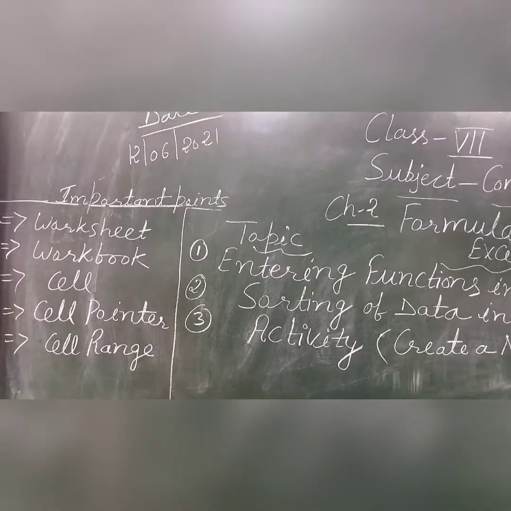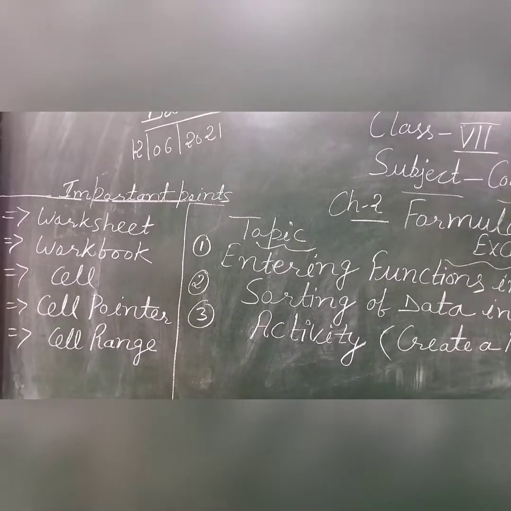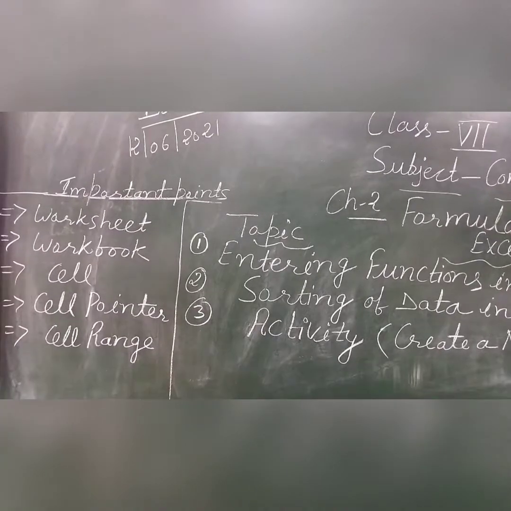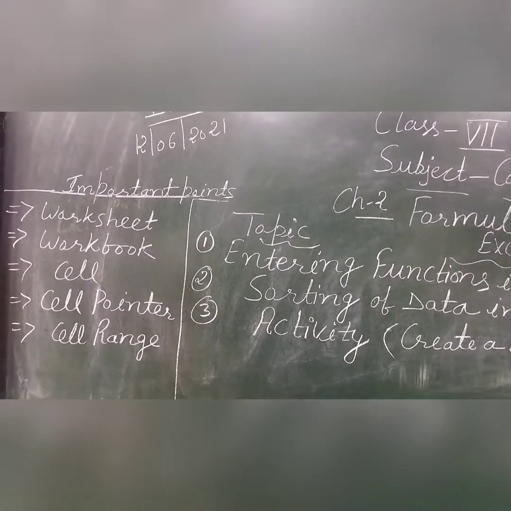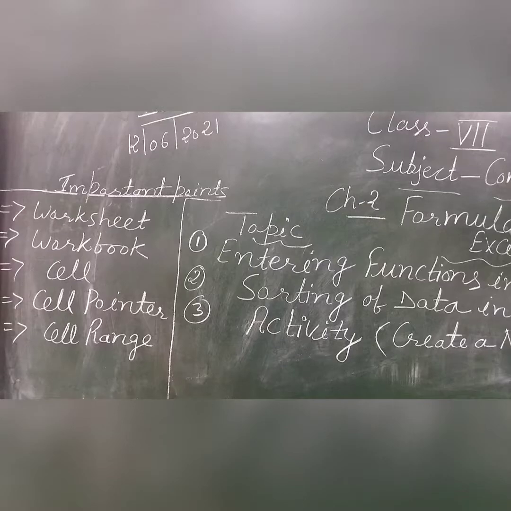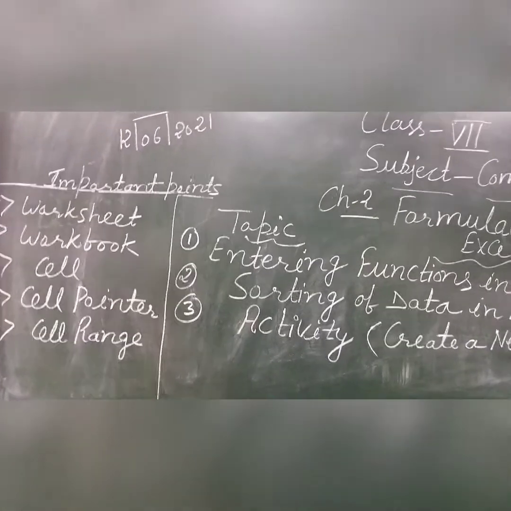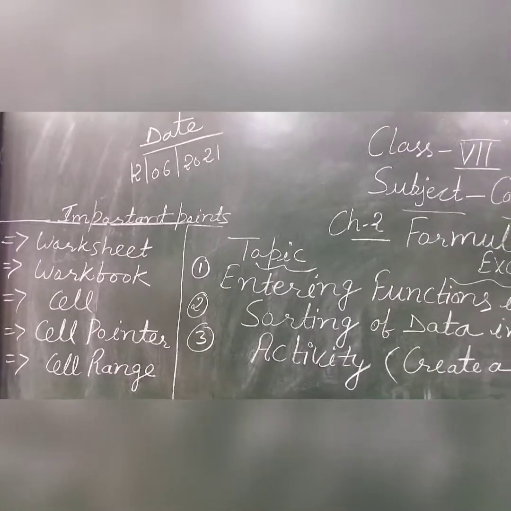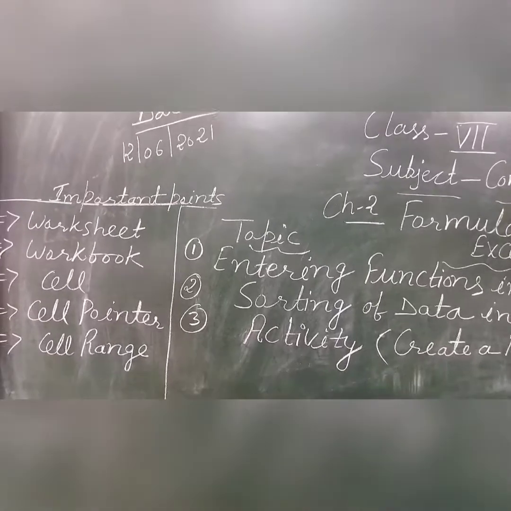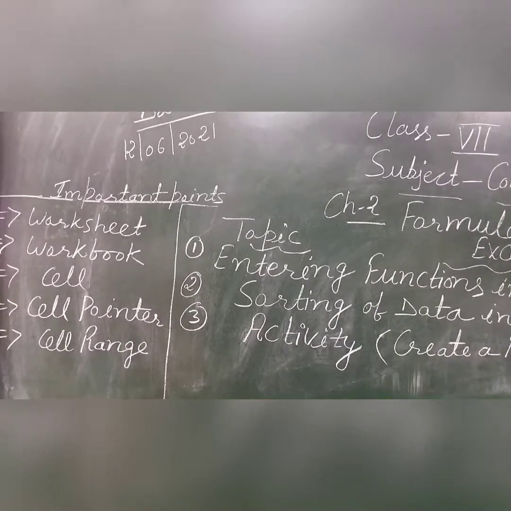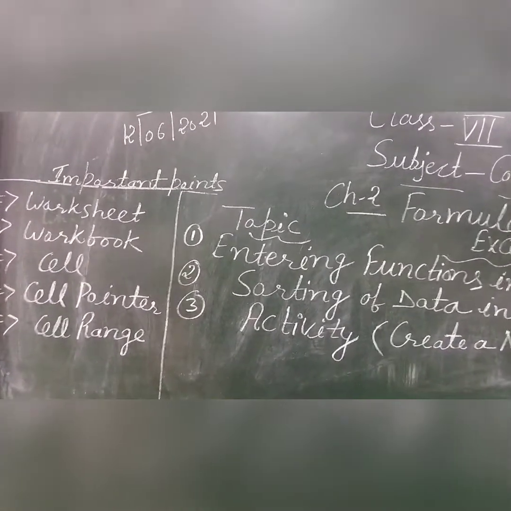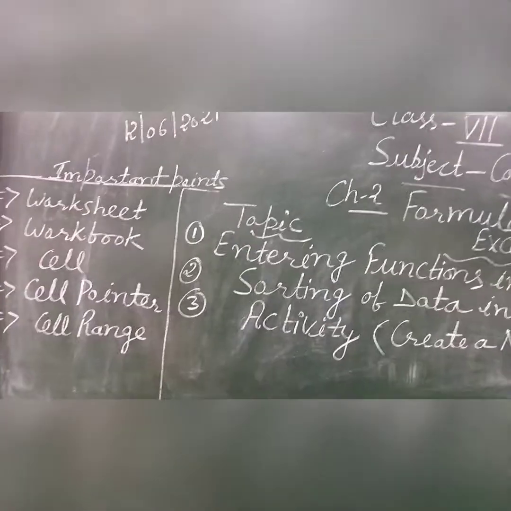A workbook is a file created in MS Excel. Then, the cell. A cell is a small rectangular box formed at the intersection of a column and a row.